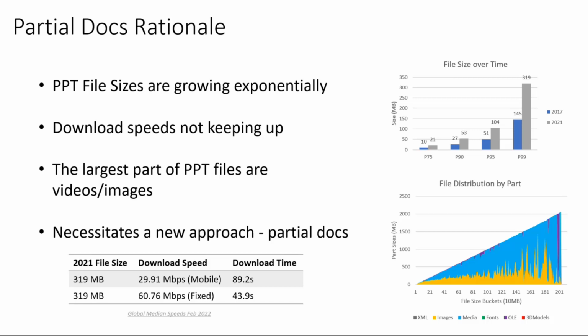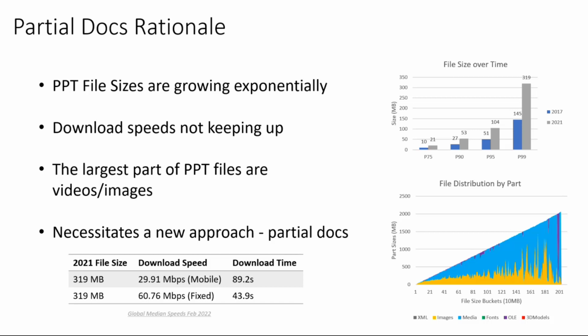For the global median download speeds for a 319 megabyte file, even in a perfect world where there was no time required for us to prepare the document and open it and send it to you, the download speed alone would take 44 seconds to open on a desktop, and even worse on a mobile, up in the range of 90 seconds. So when you consider these factors, it really necessitates a new approach. We can't keep customers waiting when they're trying to open and collaborate on their documents.